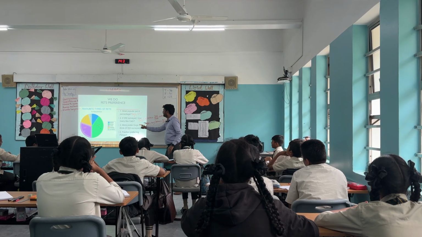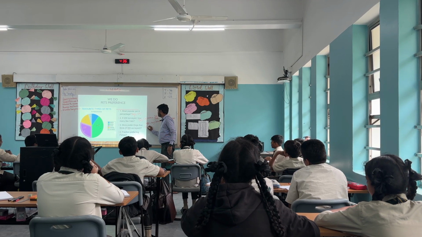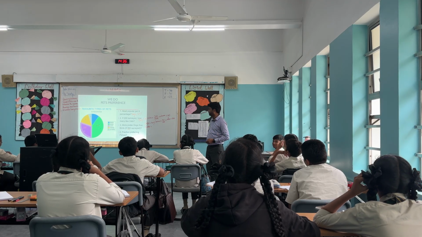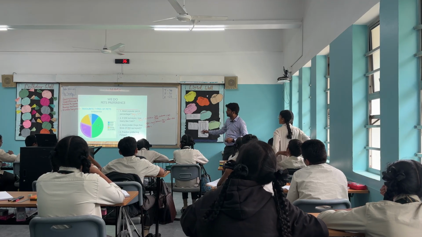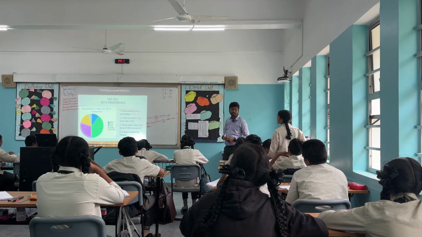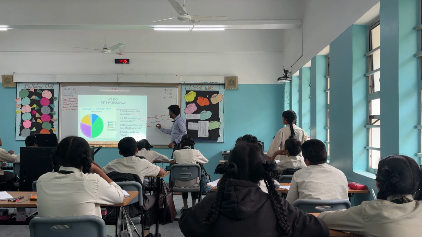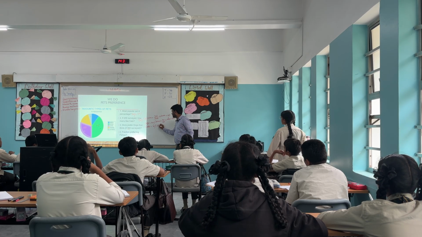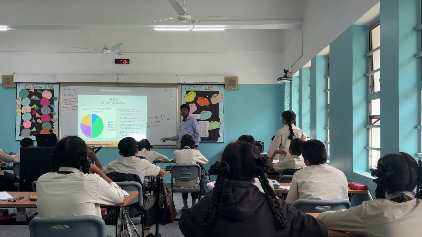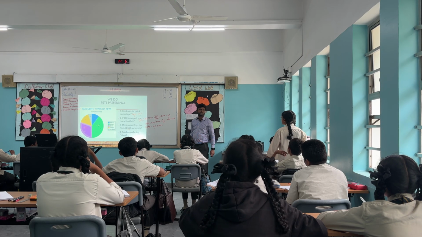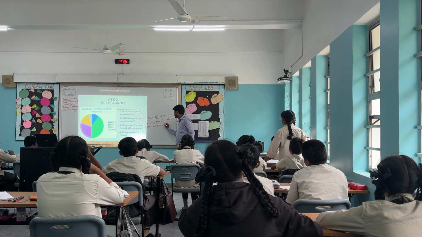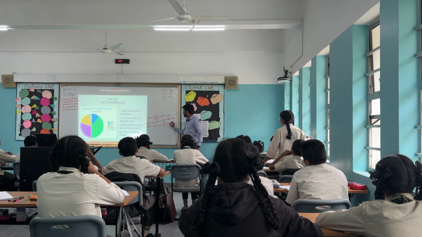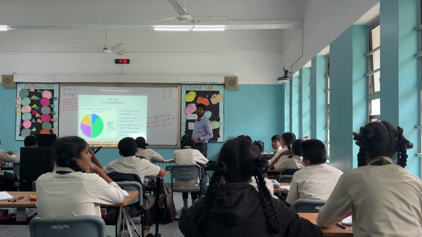Now let us find out how many people like birds. What is the percentage of birds in the given pie chart? 10 percent. And how many people were surveyed? 300. Good. Now 10 percent in fraction form: 10 by 100 into 300. Can you simplify it?